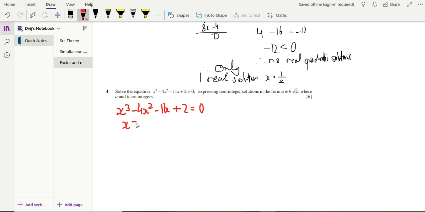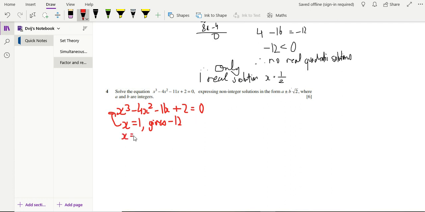So let's try x is equal to 1. If we plug x is equal to 1 into this, what do we get? Just use your calculators, and that's what I'll be doing now. Plus 2, we get negative 12. So that gives negative 12, which means x is 1 is not what we're looking for.